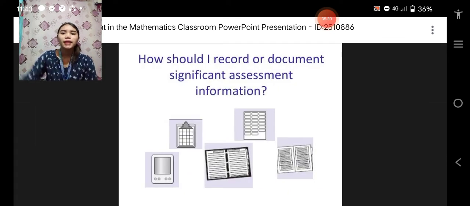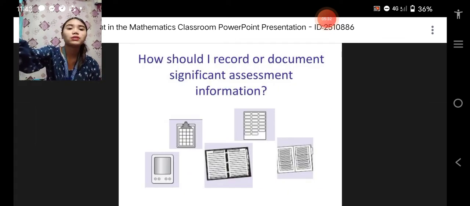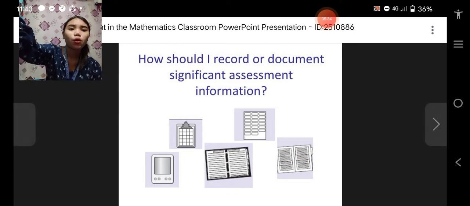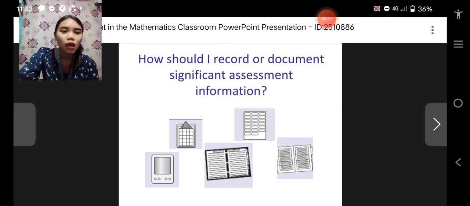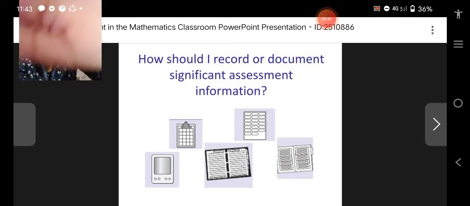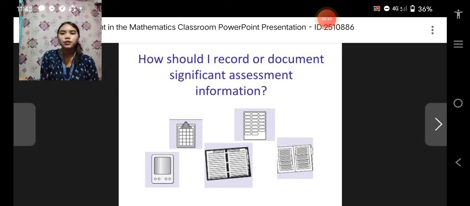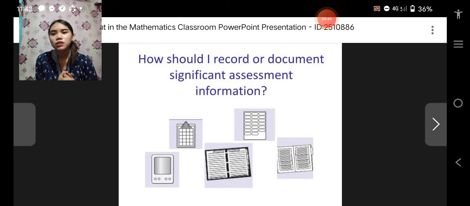So the next one is: how could I record or document significant assessment information? This part is taught as accountability. Records of assessments are very essential in the education system's information cycle.